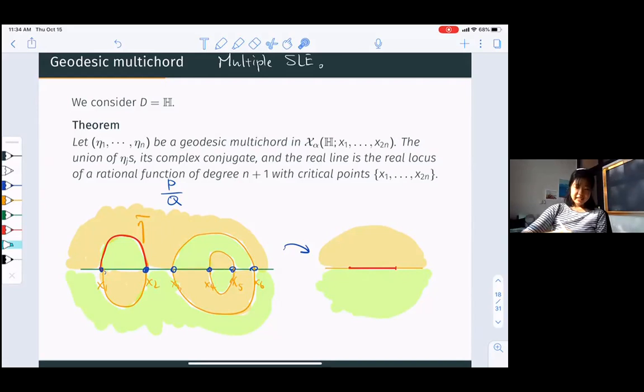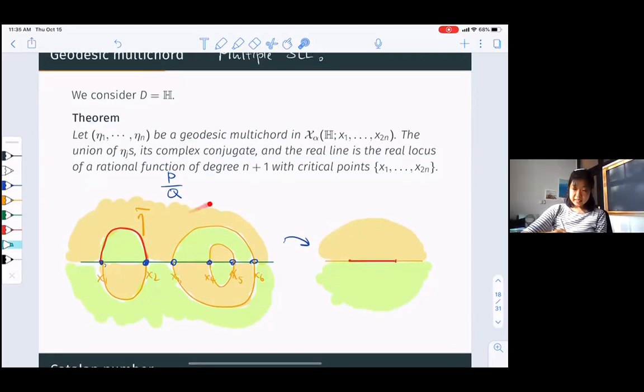Now I consider the conformal map of the union of these two faces to the union of the upper half plane and lower half plane union this red curve, by sending the two endpoints to the two endpoints. Because this red curve is a hyperbolic geodesic, it has to be mapped to this part as well. Therefore, we can extend this original conformal map from the orange face to the upper half plane across this red curve to the lower half plane, which becomes a holomorphic function defined on the union of these two faces.